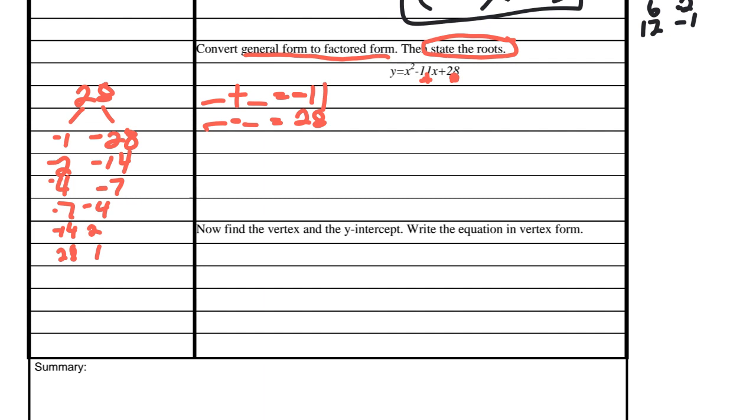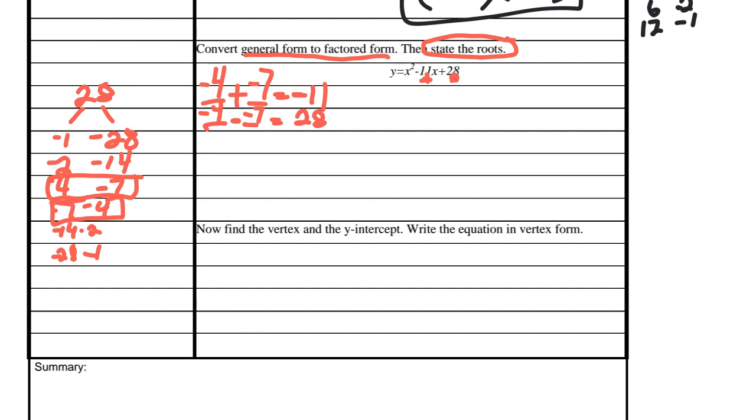So all of those are going to be negatives. And now which ones add up to negative 11? Well, you can do negative 4 minus 7 or negative 7 minus 4. Either one will work. So negative 4 and negative 7.